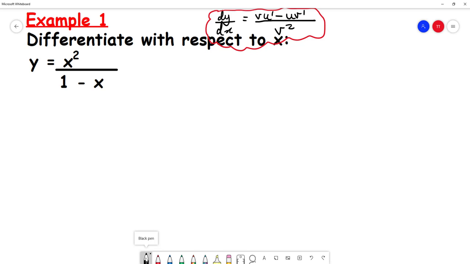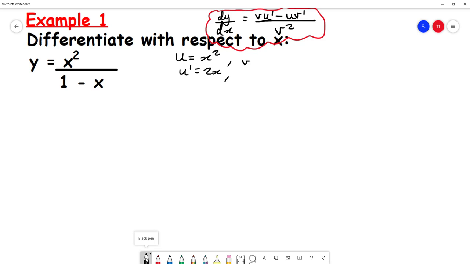Now, if we take an example here, it says y equals x squared over 1 minus x. So u in our case is going to be x squared, so u dash is going to be 2x.